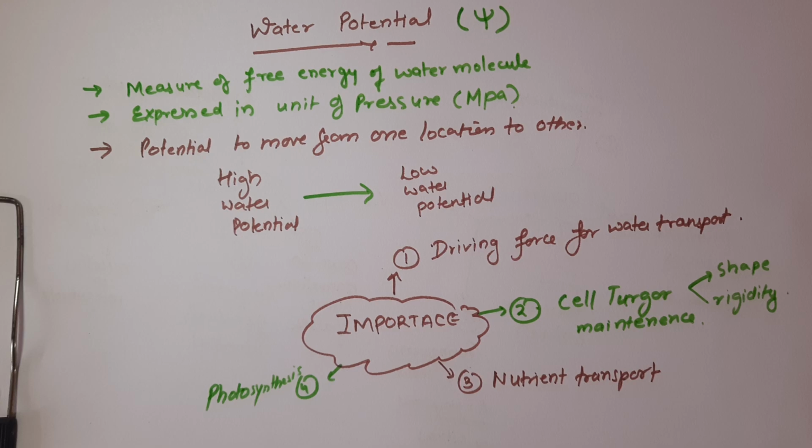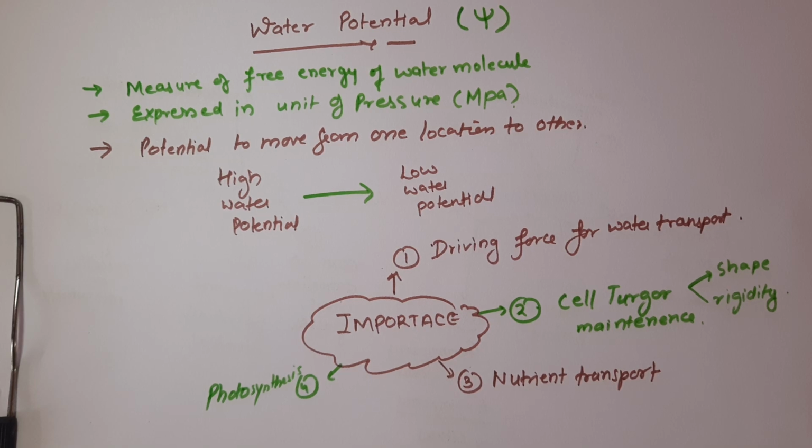We also learned that water is transported to the leaves. Since water is essential for photosynthesis and water potential is required for water transport from roots to leaf, it plays a crucial role.